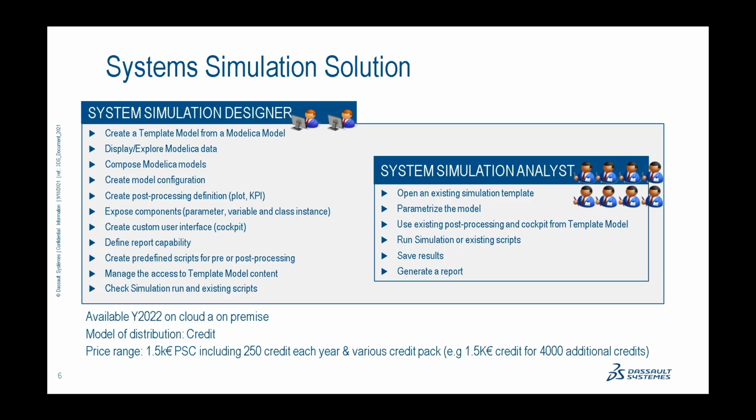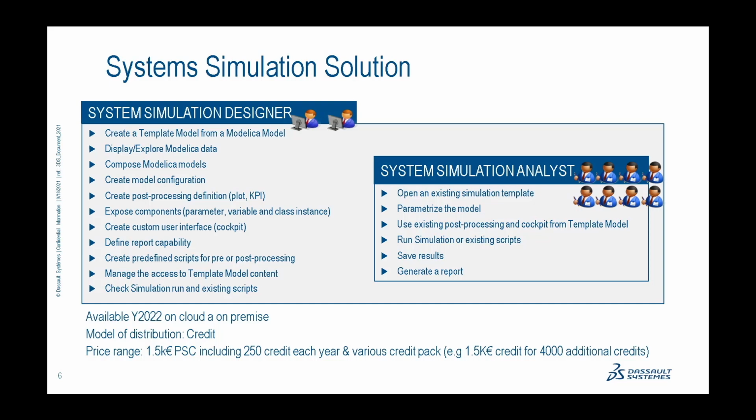So for that we are providing a price point which is fairly low, because we're talking about 1.5k to have access to 250 runs each year. We computed that to be, say, around one run a day for casual users.